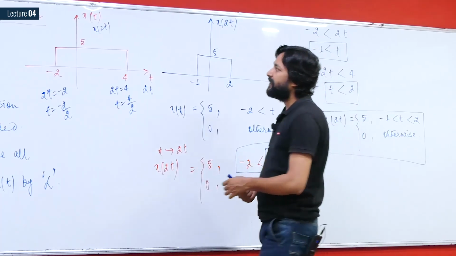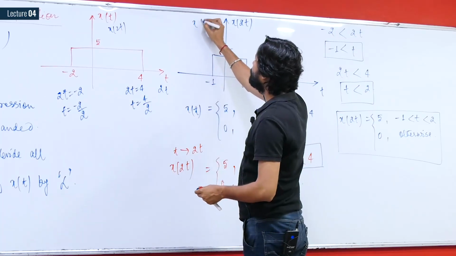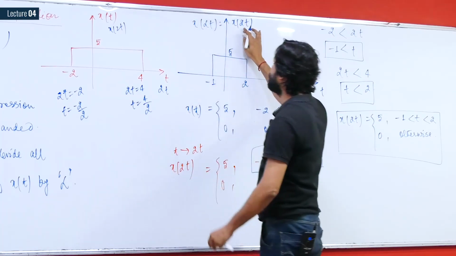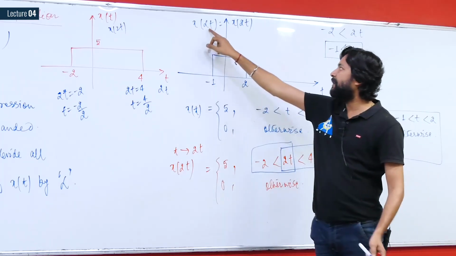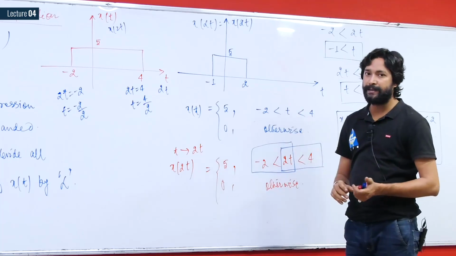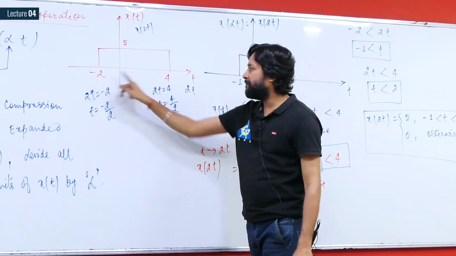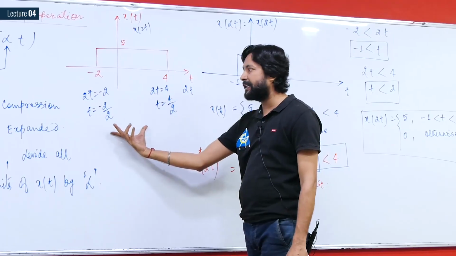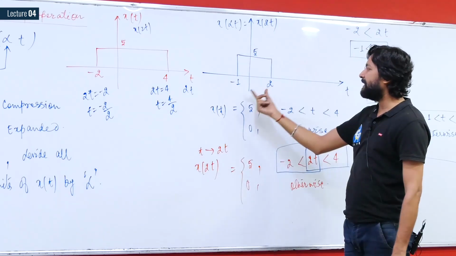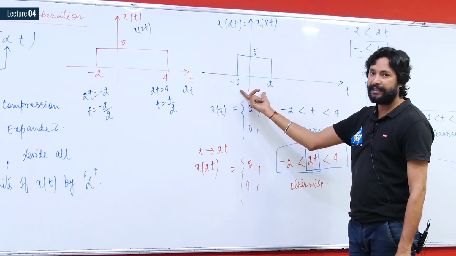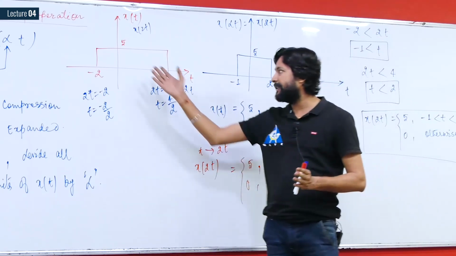Now if you see here, you have plotted x of alpha t, that is equal to x of 2t. So the value of scaling factor alpha is more than 1. In this case the value of alpha is 2. Previously the signal was existing between minus 2 and 4, that is the duration of existence was 6, but now after scaling it is existing only between minus 1 and 2, that is the duration of existence is 3, so you can say that it is getting compressed.